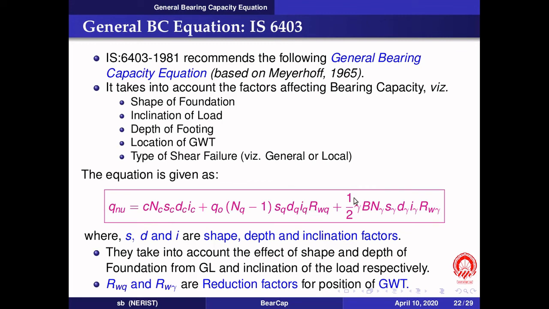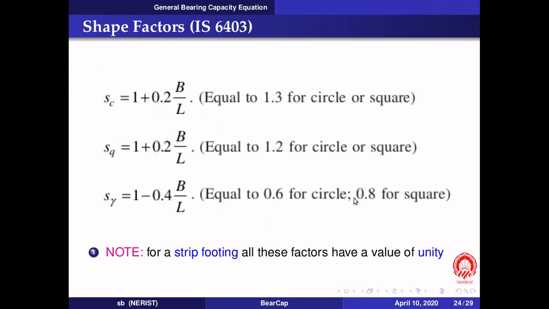So that's how we can look at it. For a strip footing, all these factors SQ, DQ and IQ have a value of unity.